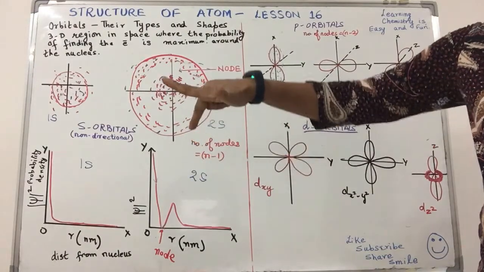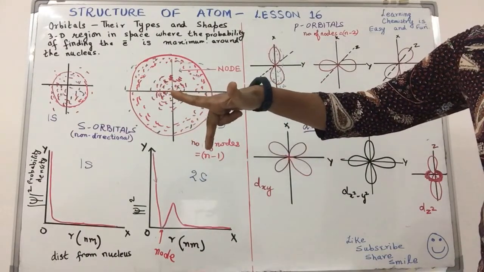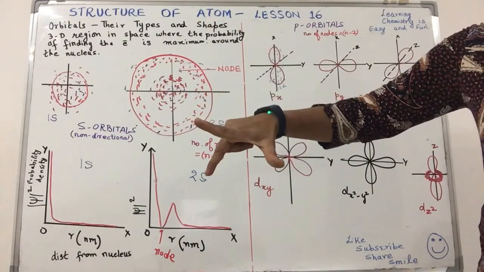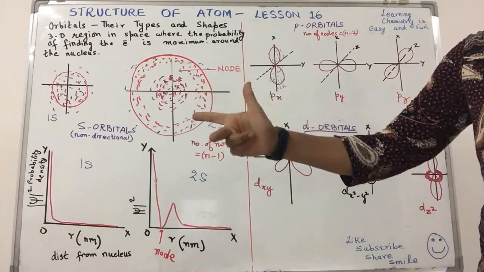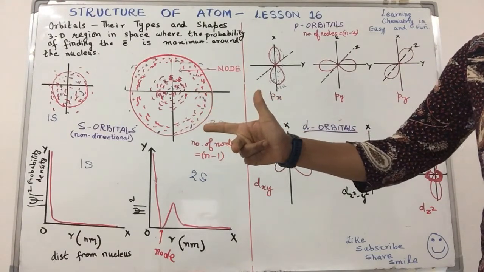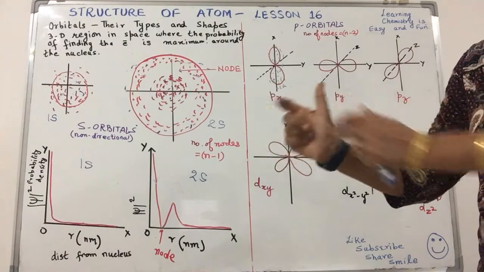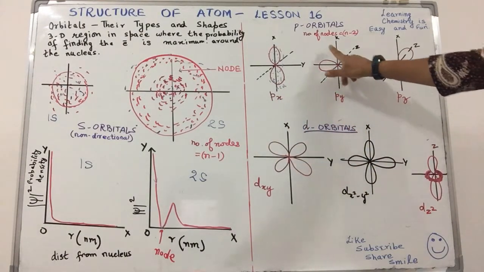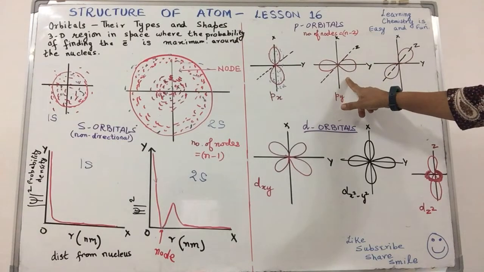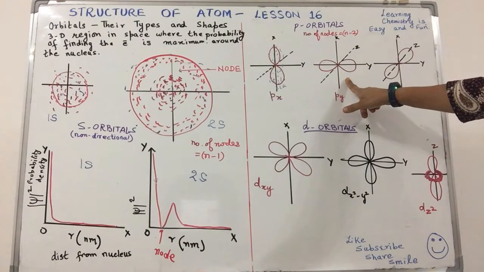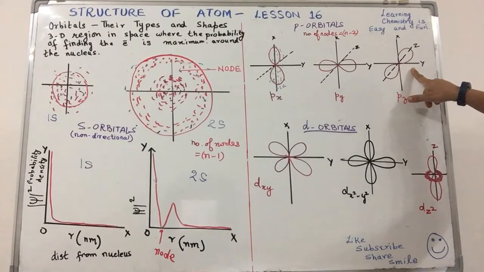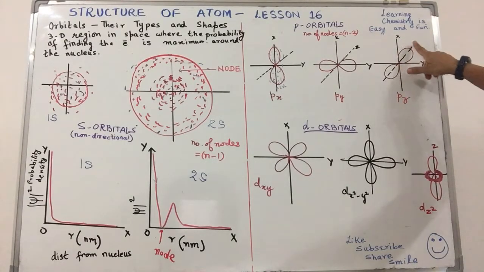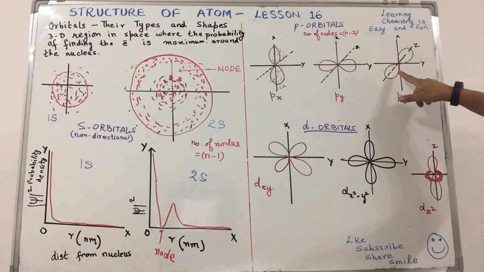If you remember, you've done it in Fleming's rule also in physics. So this is how we represent mutually perpendicular x, y and z. Same, if I'm saying Py, it's the same dumbbell but aligned along the y-axis. If I'm saying Pz, same dumbbell but aligned along the z-axis.